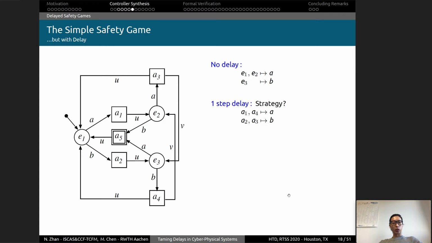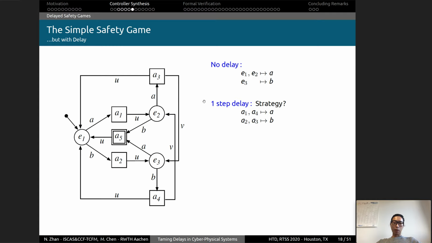Now let's come back to the simple safety game we saw earlier, but this time we have delays. Recall that for the delay-free setting, we already have a winning strategy for player one, like this. Now imagine we have a one-step delay. What does it mean?